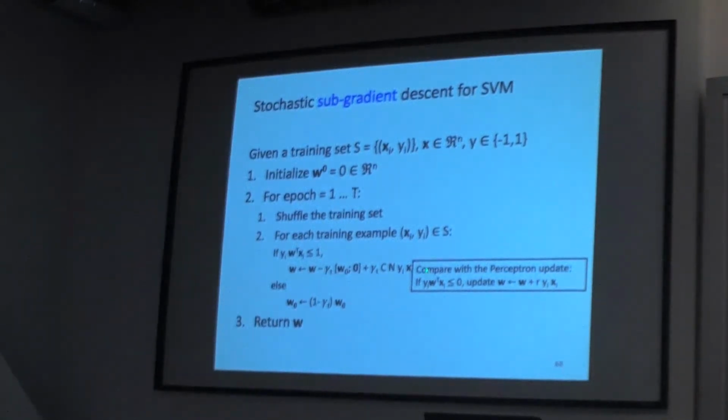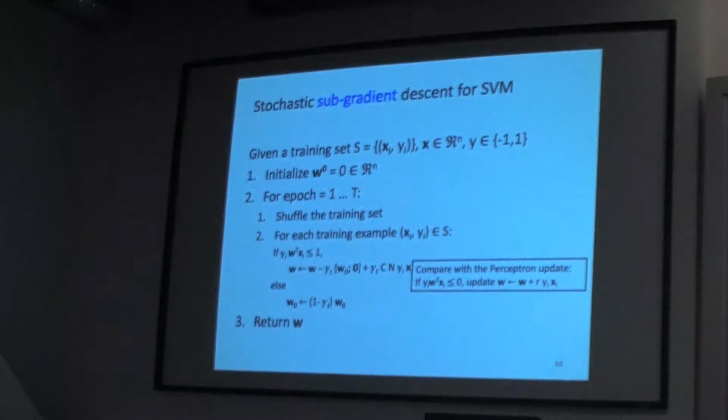For the perceptron, we still look at the cases. If the product, or function margin, is less than or equal to 0, update w with the perceptron rule. If it is bigger than 0, we don't update; you can view that as just adding 0 to the current weight vector w.